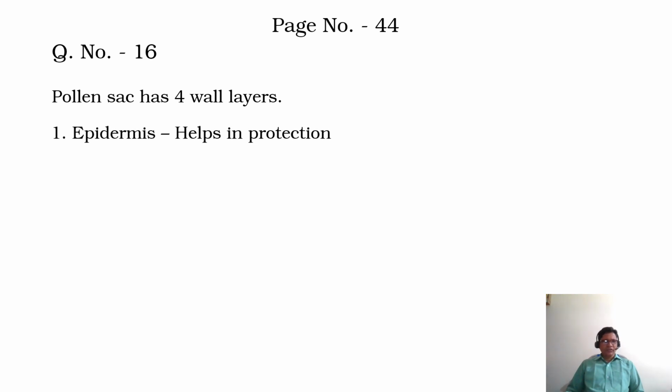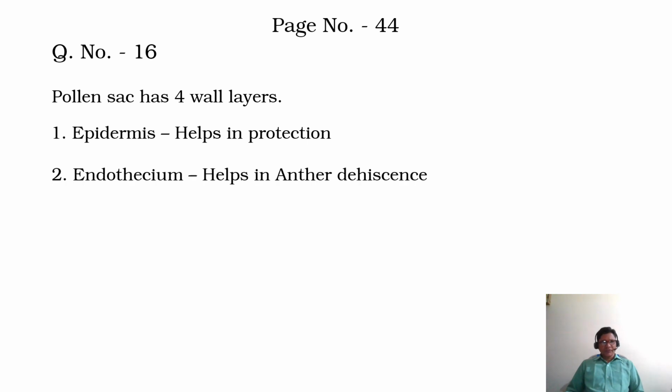They are the epidermis, which helps in protection. Immediately after the epidermis is the endothecium, which helps in anther dehiscence. After the endothecium, 2 to 3 layers are called middle layers, which store starch.